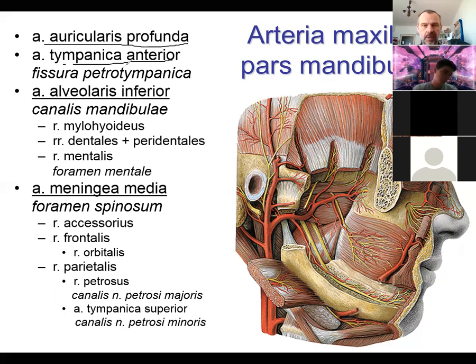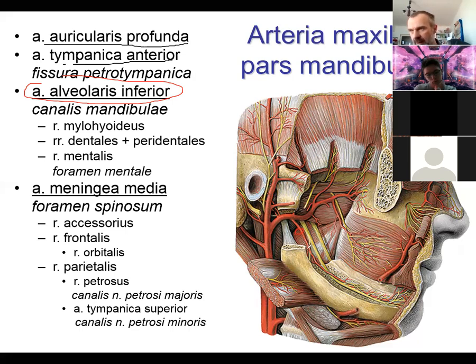And now the larger ones, the inferior alveolar, which you can see here, together with the inferior alveolar nerve running inside the mandibular foramen and mandibular canal. And it supplies all the lower teeth.